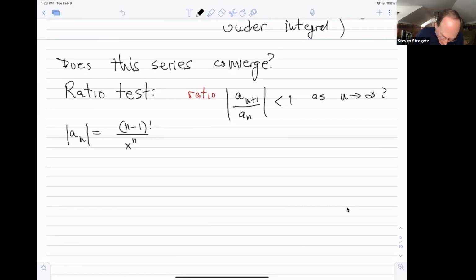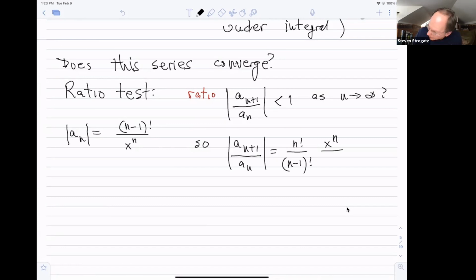And so then if I look at the ratio, let's clean that up a little bit. We're going to get n factorial over (n minus 1) factorial, and we have x to the n, and in this denominator we have x to the n plus 1.